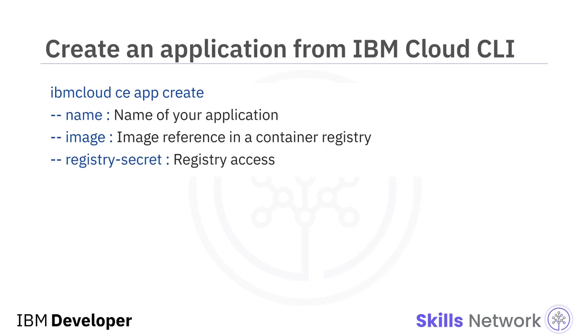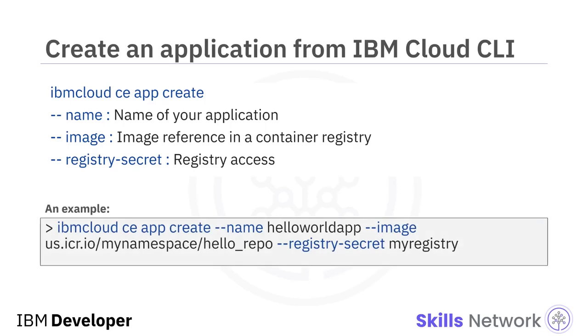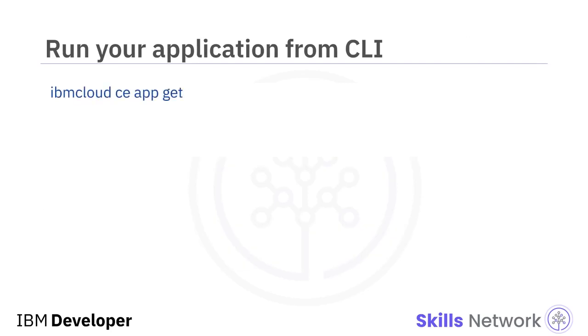Let's see an example. Here you want to create an application called Hello World App from an image in us.icr.io registry server. For the Code Engine to pull the image, you create and provide a registry access called My Registry.